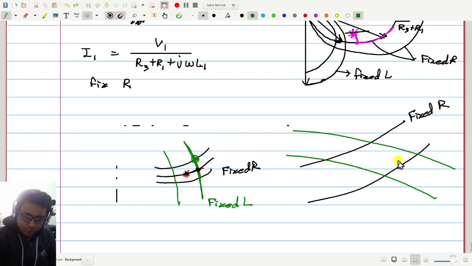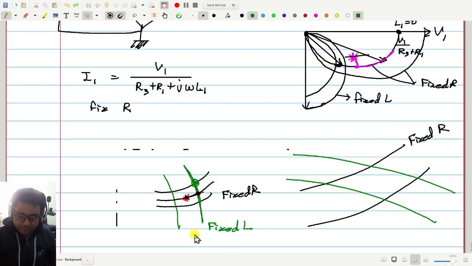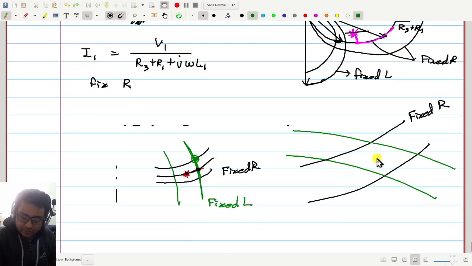In this case they are quite oblique. Depending on where your I star is, you may be in either situation. So these fixed R and fixed L lines may be very oblique or very perpendicular. Both situations are possible. Now let us see what happens if this is the case.